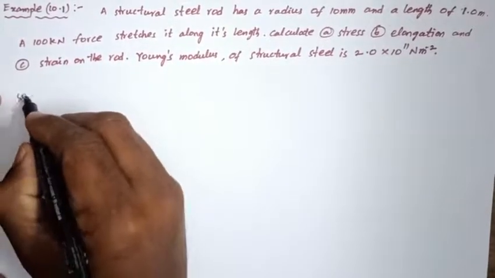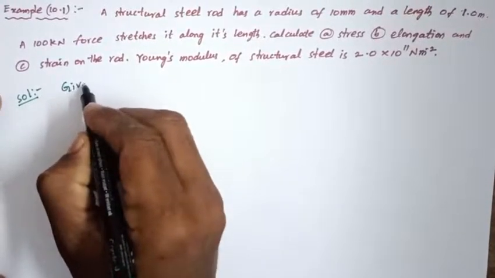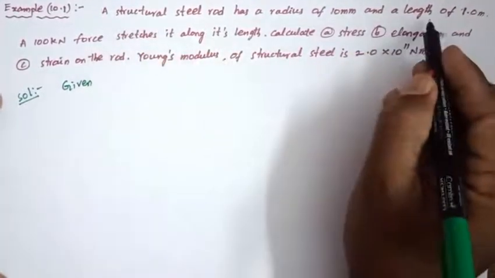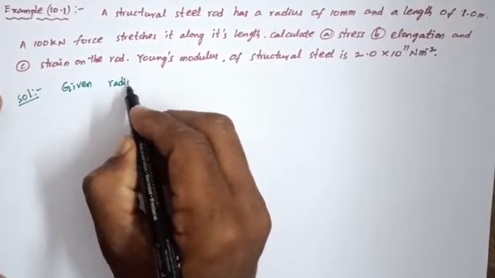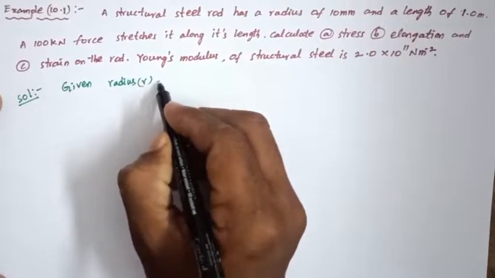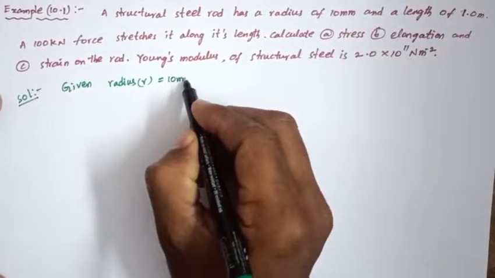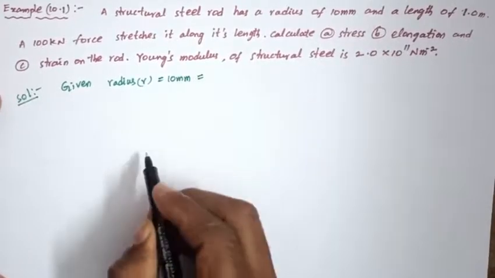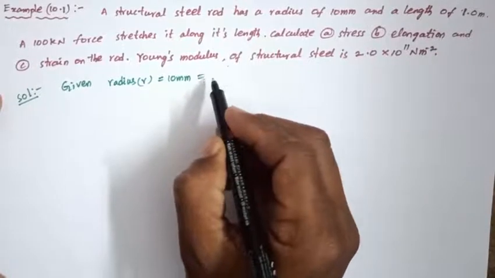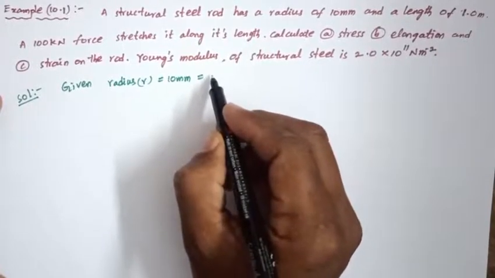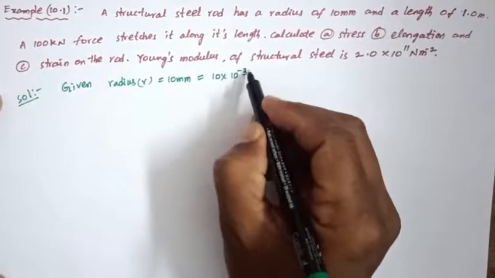Okay, solution. So given that radius r equals 10 millimeters, so it is converted to SI units: 10 into 10 to the power of minus 3 meters.